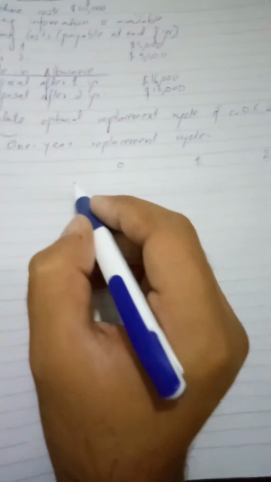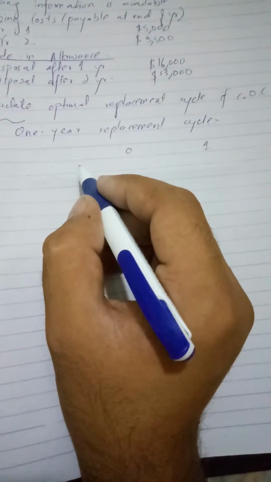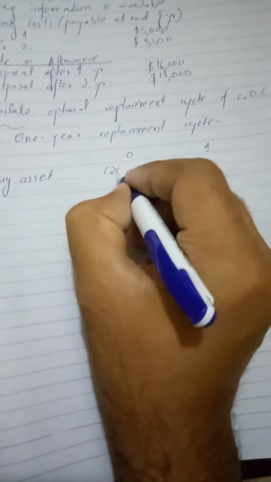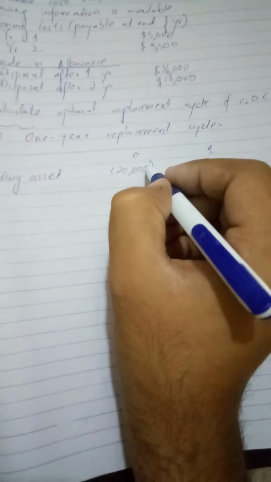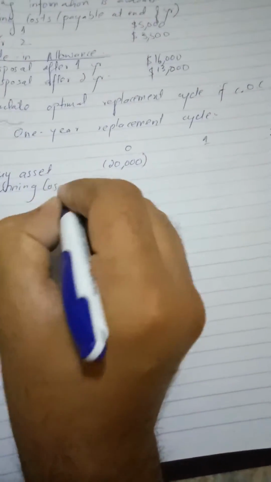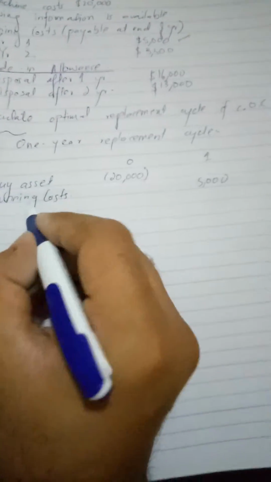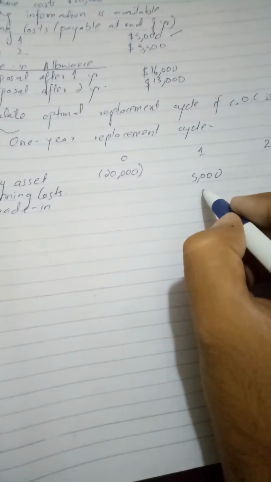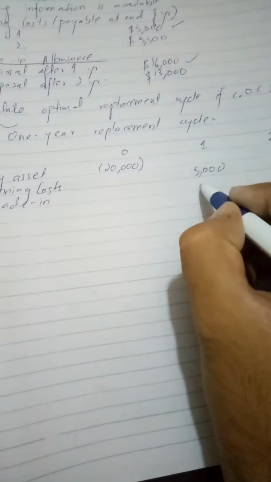Years 0, 1, 2. Buy asset, which is 20,000. Running cost in year 1 is 5,000, and we also have trade-in, the same year disposal, which is 16,000.